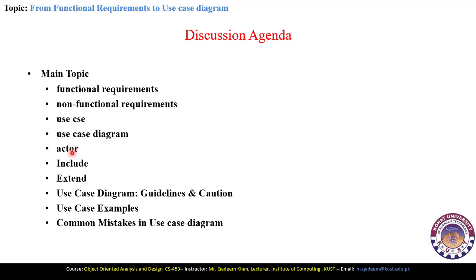Here, the important element of the use case diagram is the actor and the relationships of the actor with the use case, having include and extend relations. Then we have the use case diagram guidelines and cautions, and then we have use case examples. Here you will understand different sorts of examples, and at the end we have common mistakes which should not be made while developing use case diagrams.